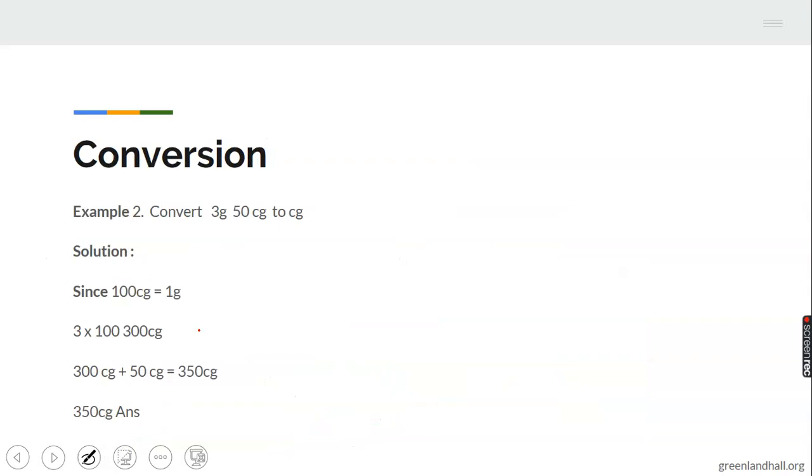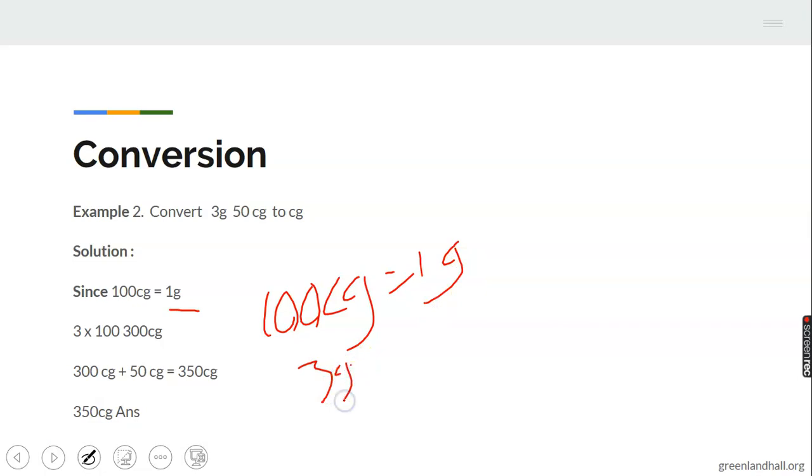Let's quickly go on another question on conversion. We want to convert 3g 50 cg to cg. 3g is higher than cg, so we are going to multiply still. Now, since 100 cg is 1g, 3g will be equal to 3 times 100, which gives us 300.